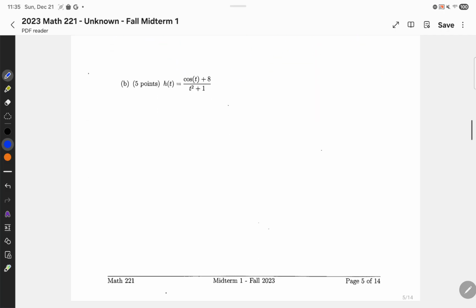Moving on to part B. This one is going to be our quotient rule. So let's go ahead and write it out first. We have h of t is equal to cosine t plus 8 over t squared plus 1.